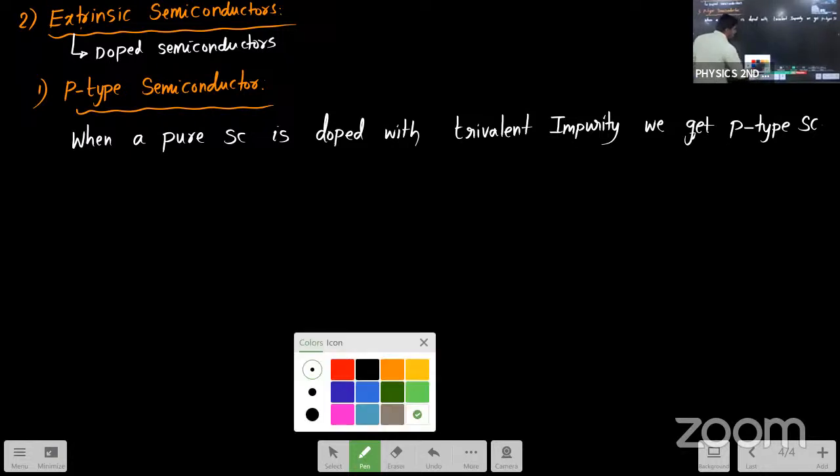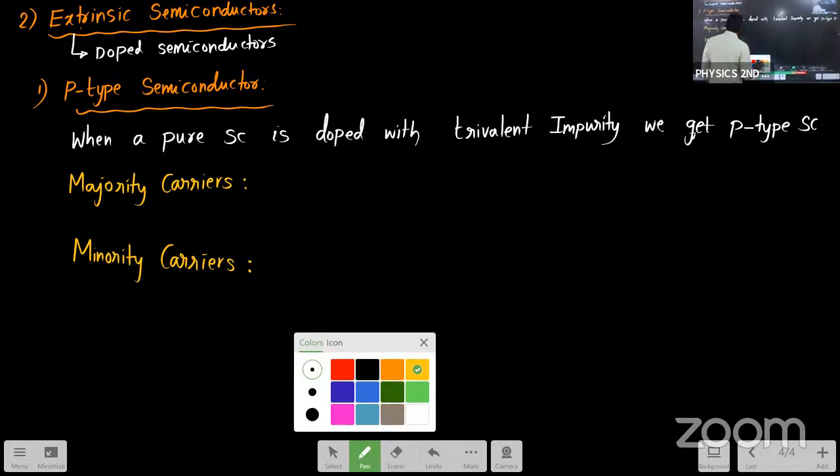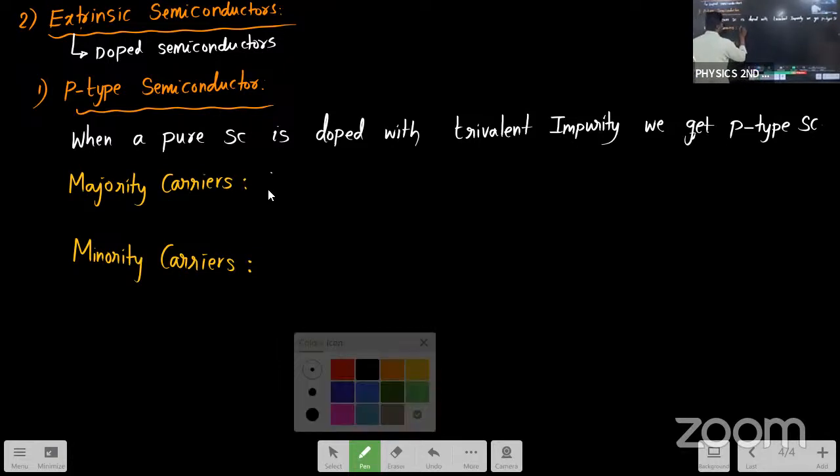So what are the majority and minority charge carriers in case of P-type semiconductors? The majority charge carriers will be holes.